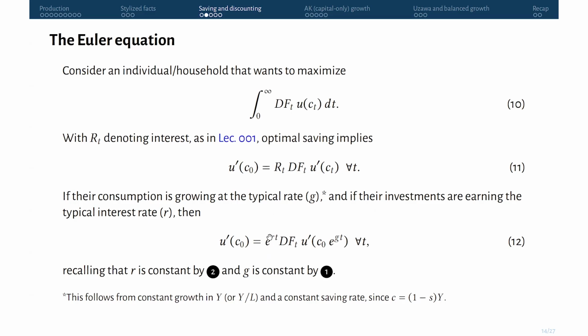This is your constant interest rate, so cumulative interest from 0 to t will be e to the rt, and cumulative growth in consumption from 0 to t will be e to the gt.